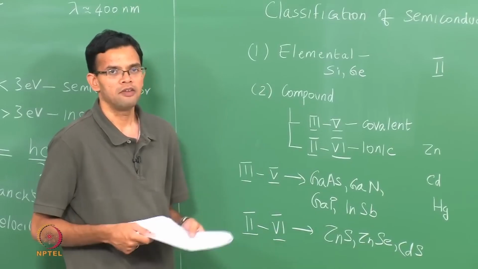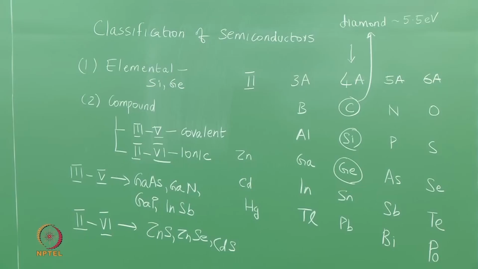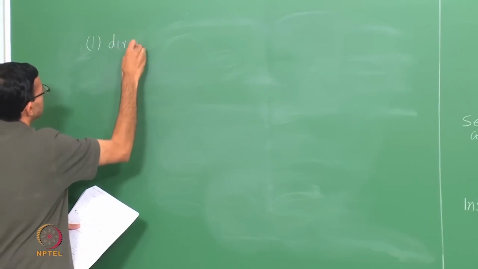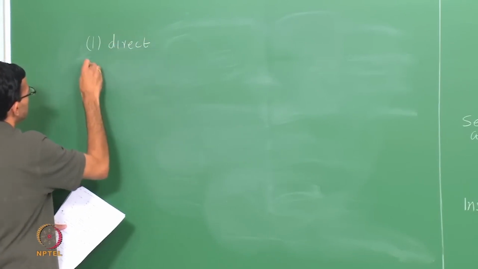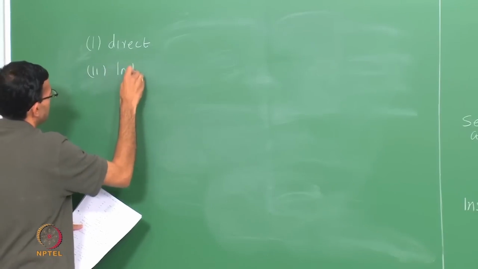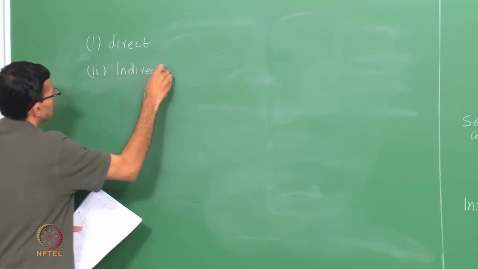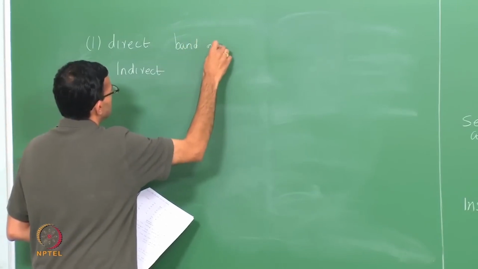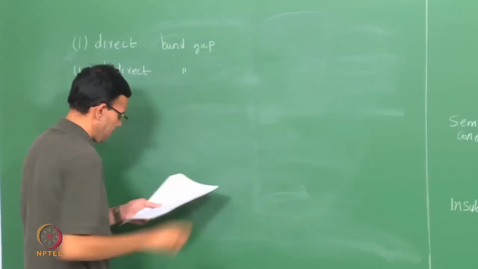There is also another way of classifying semiconductors. Here we can classify semiconductors as direct and indirect band gap semiconductors. We have a direct band gap and an indirect band gap.